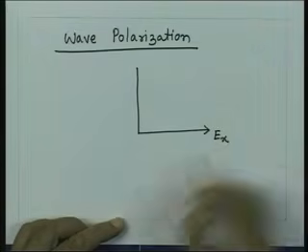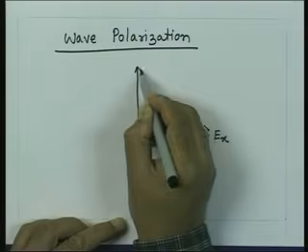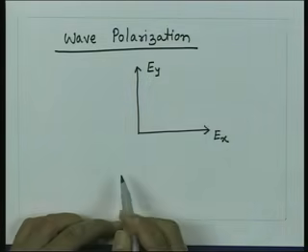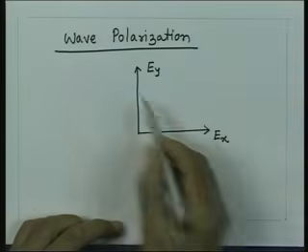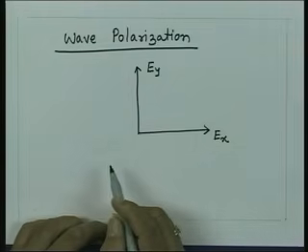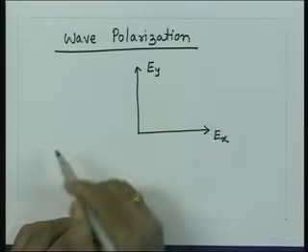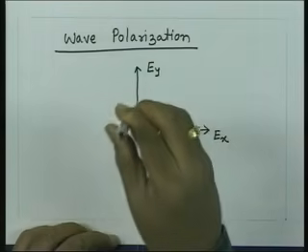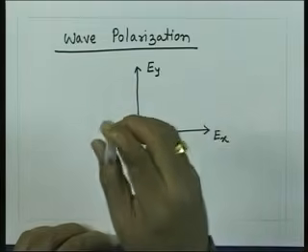So, let us say I have two fields, one oriented in the x direction and another oriented in the y direction. And by combining these two fields, I can always get any arbitrary field in this xy plane, where the wave will be propagating in the z direction, perpendicular to the plane of the paper.